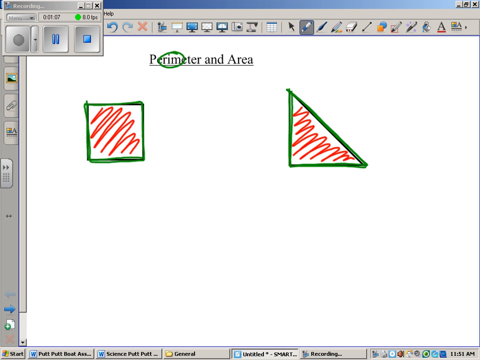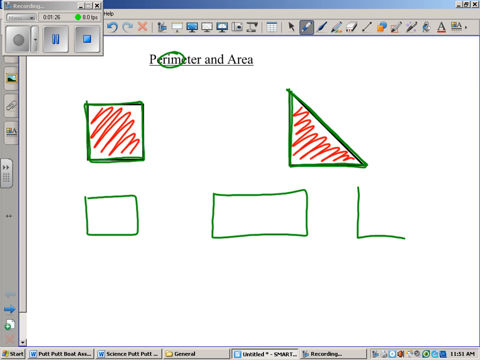And there are two different formulas that you can use. There's an easy one for perimeter and for area. So we'll just quickly go over those. And I'll do a square and a rectangle and a triangle. I'm just going to give some arbitrary sizes here. Let's just say that this is 4 centimeters.